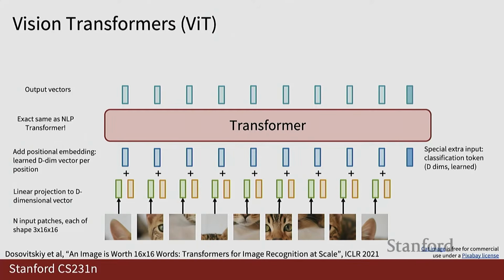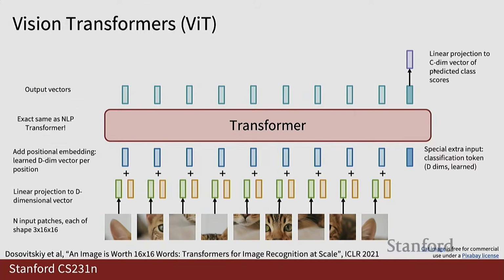So with image classification, what becomes important is to somehow be able to generate something as the output that is representative of the class. So often we add one special extra input token to the transformer, which is of the same dimensionality, but it's a learnable parameter that in the output space is going to be turned into the class probability vector.